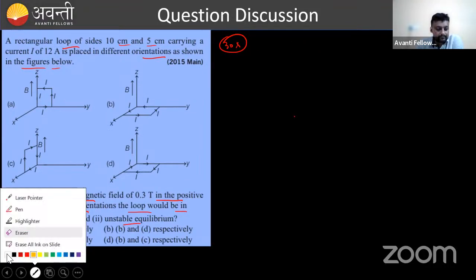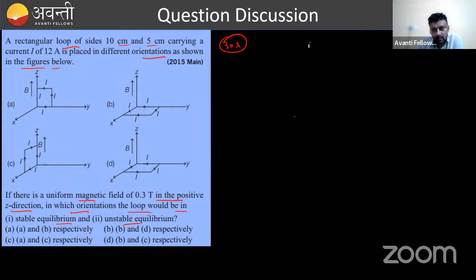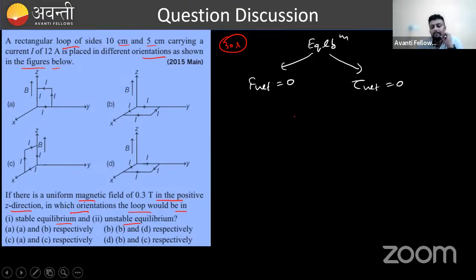What is equilibrium? There will be two conditions. One is the net force on the body must be zero and the net torque on the body must be zero. This is the condition of equilibrium.